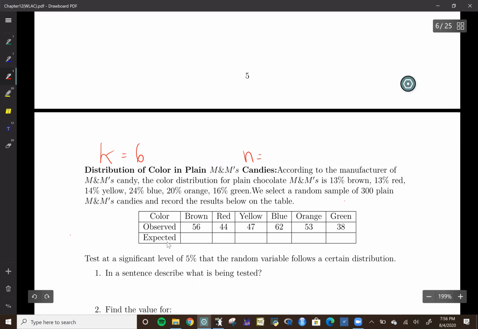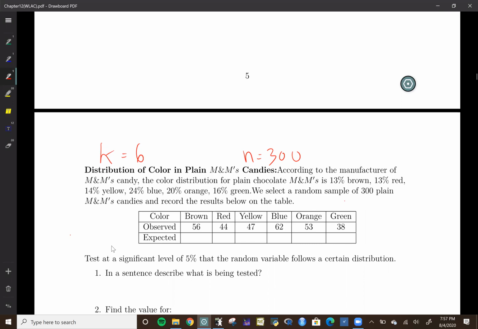So K equals 6, so I have 6 different groups. What about my N? How many plain M&M did we get? Yeah, 300. Great. Everybody good with that?